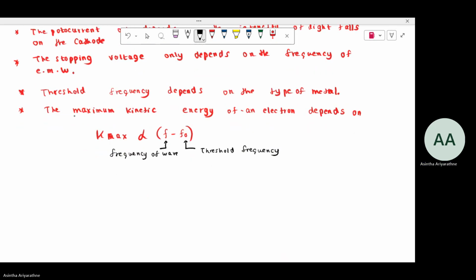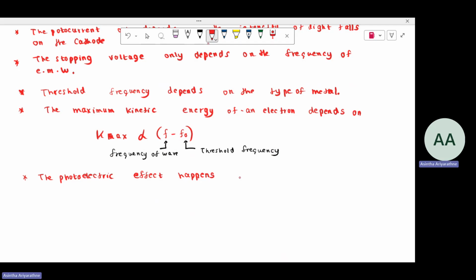Right, and another important consideration is that the emission of electrons is a very instantaneous process. Just when the electromagnetic wave is on the cathode, the emission happens immediately.